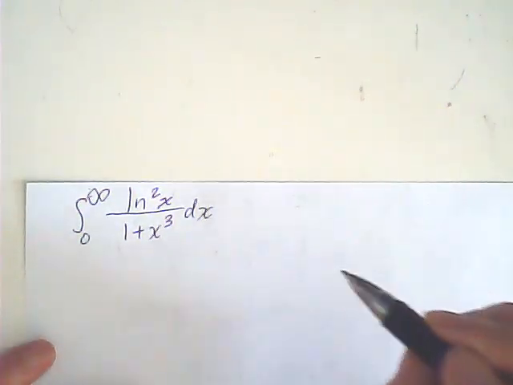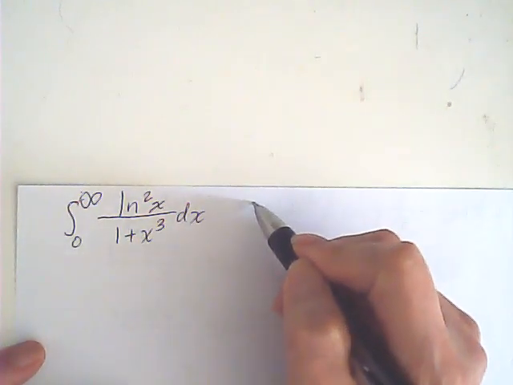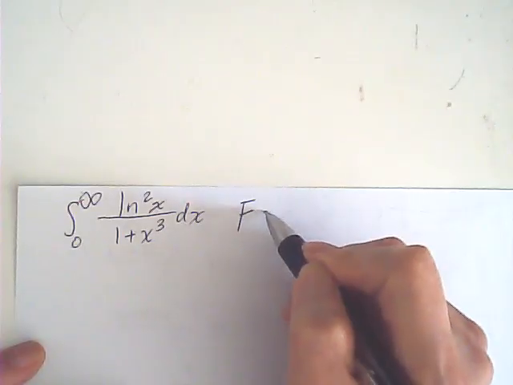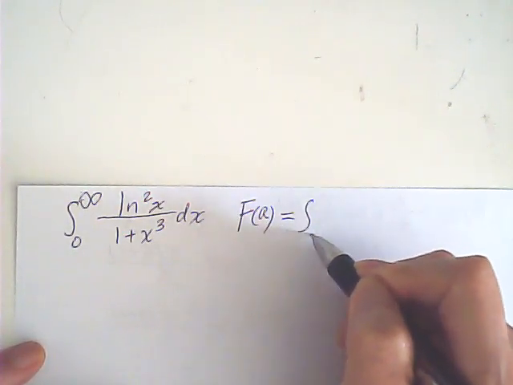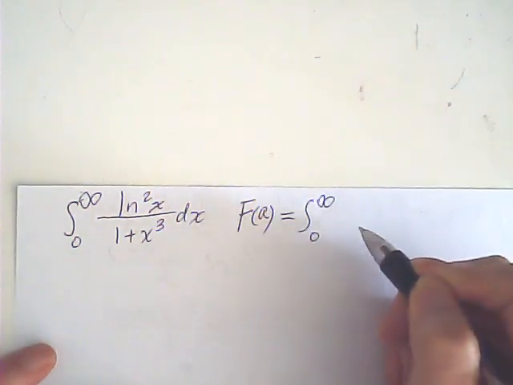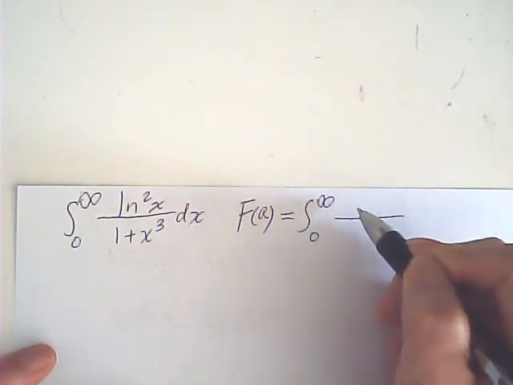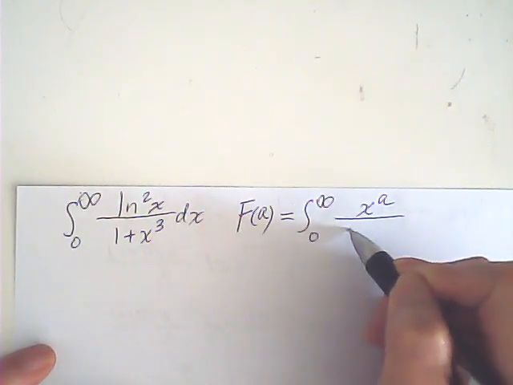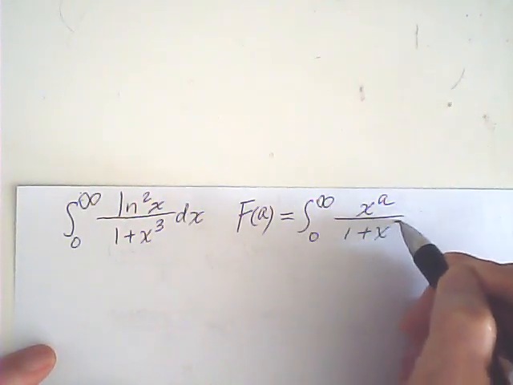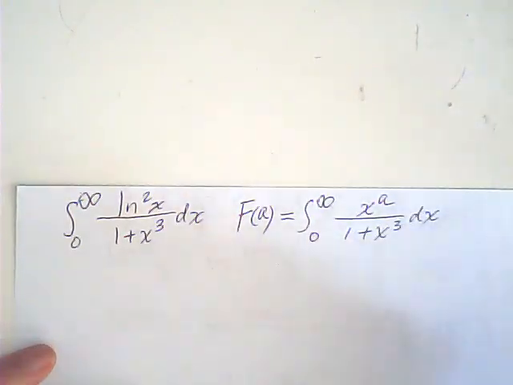Okay, I start by introducing a function which is called f of a. This is the integral from 0 to infinity of x to the power of a over 1 plus x cubed dx.